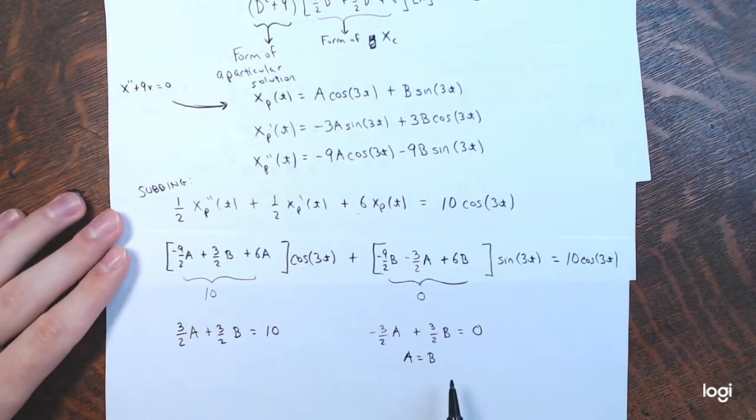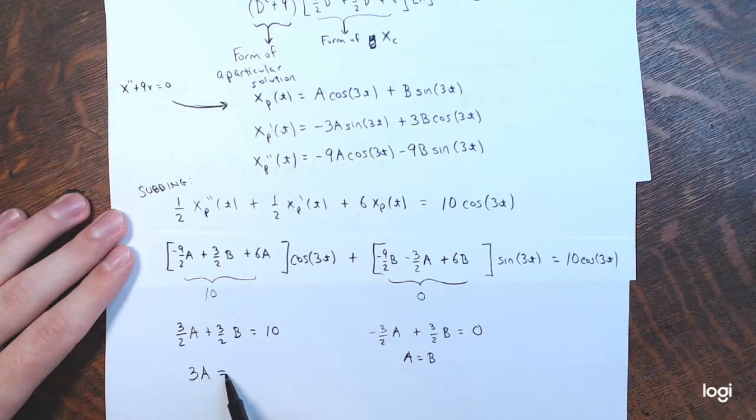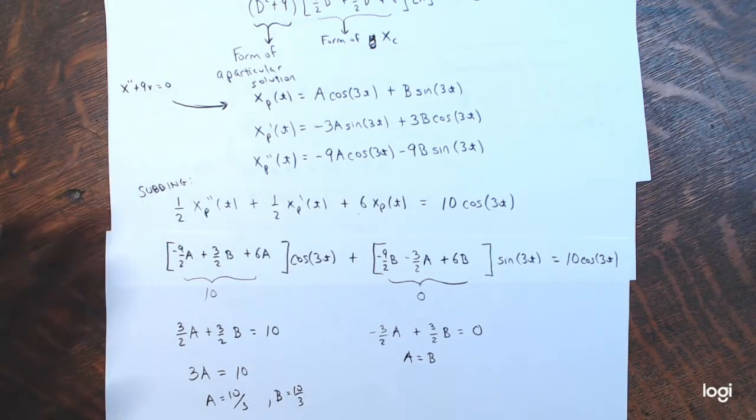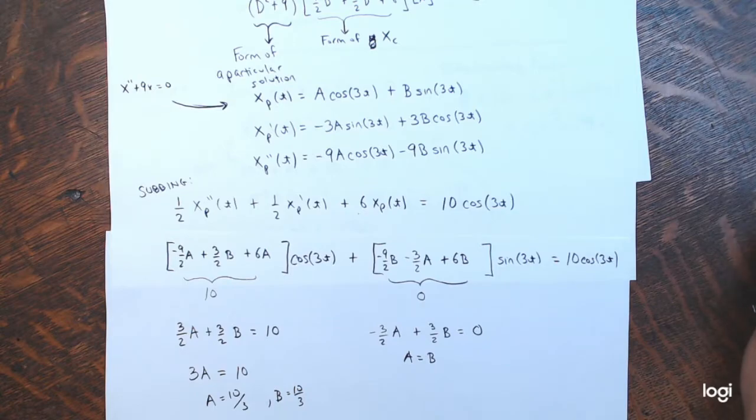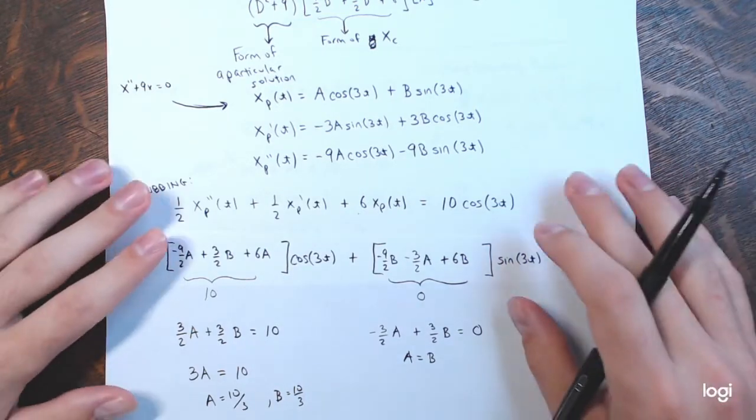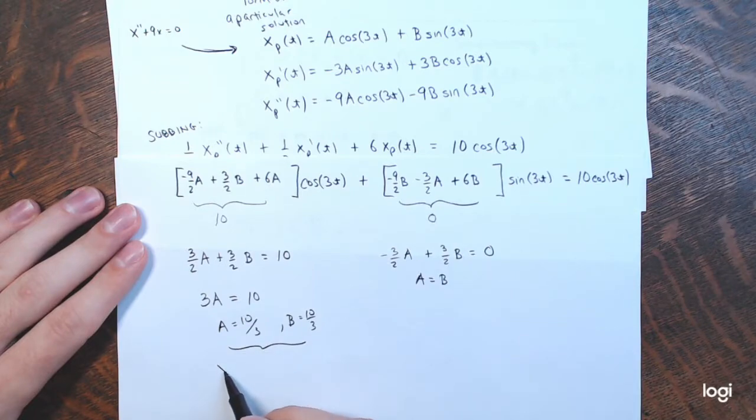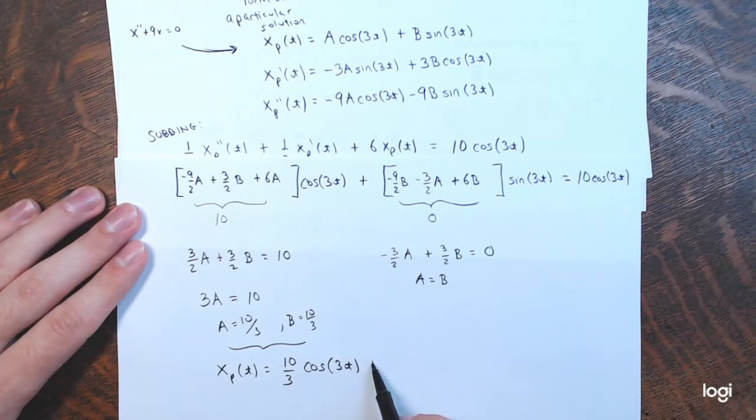And if a is the same as b, and I just replace b with a here, we'd have 3a equals 10. So a equals 10 thirds and b equals 10 thirds as well. And we get our particular solution. So xp is equal to 10 thirds times the cosine of 3t plus 10 thirds times the sine of 3t.